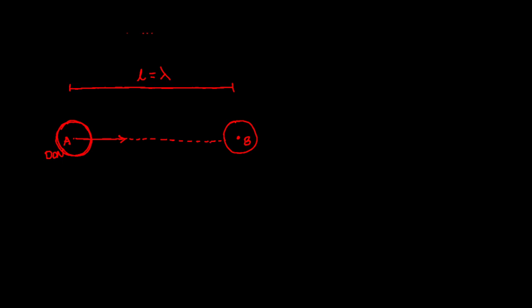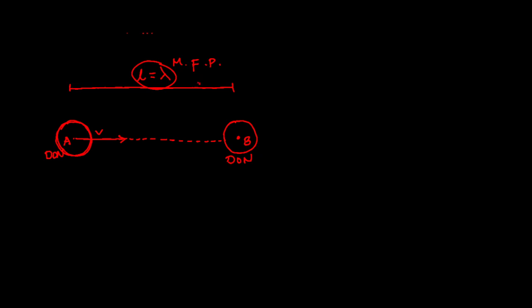Clear or not clear? At A, Don had collided with something else. So Don moved in this direction, and ultimately when Don reaches B, it makes the next collision. So what do we call the average distance between these two? Mean free path. Clear so far?